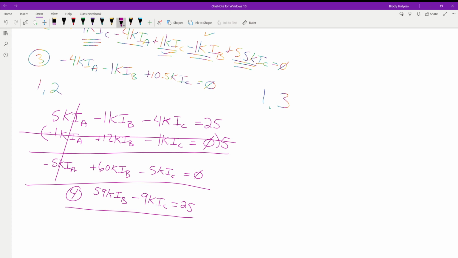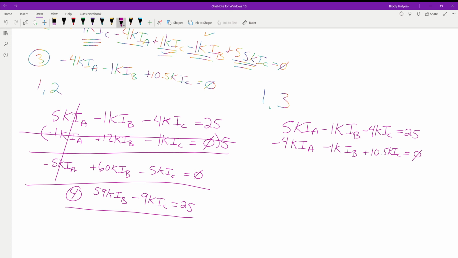Then we're going to go equation 1 and 3. So again, we have 5K IA minus 1K IB minus 4K IC is equal to 25. We have negative 4K IA minus 1K IB and a plus 10.5K IC equal to 0.